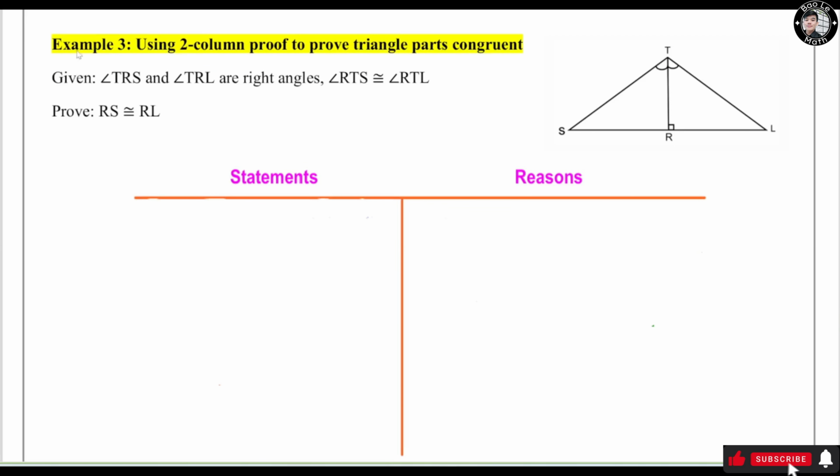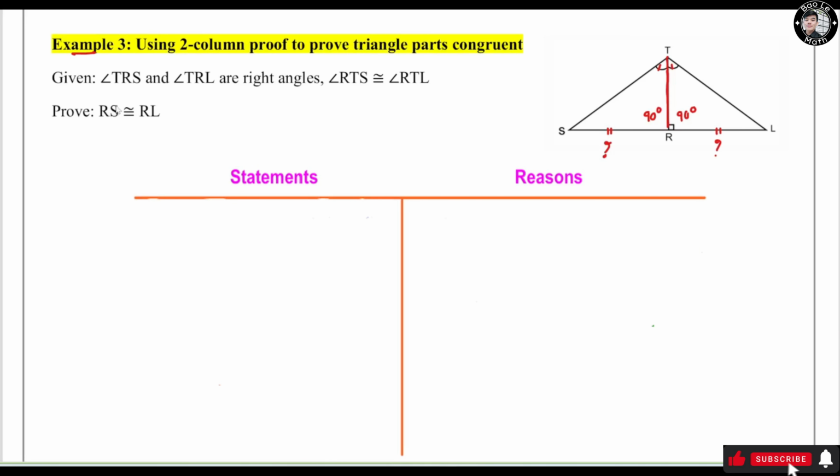Now let's move on to the next example. We're given that angle TRS and angle TRL are right angles, so this one is 90 degrees and this one is 90 degrees. Angle RTS is congruent to angle RTL. We need to prove that RS is congruent to RL, so I put a question mark here, because it's not given and we need to prove it.